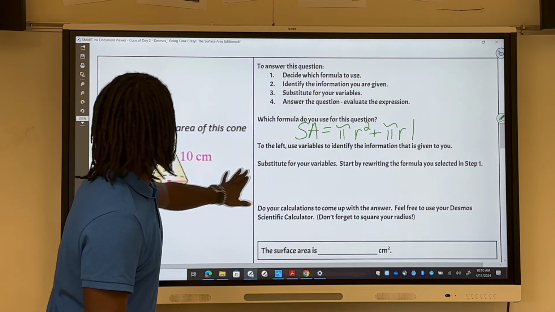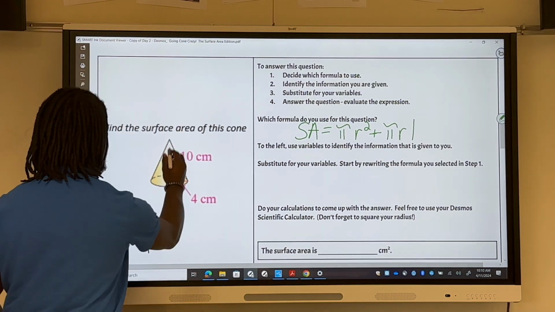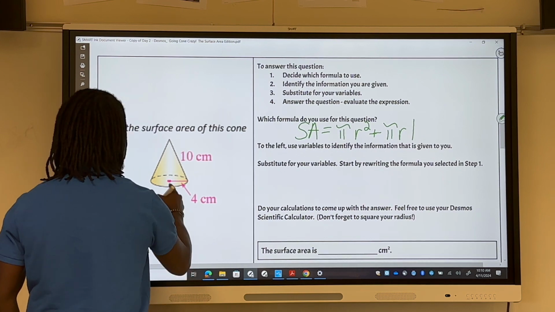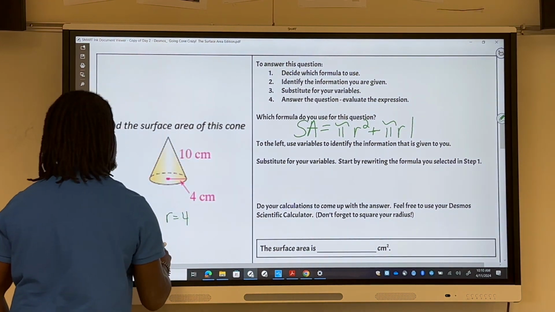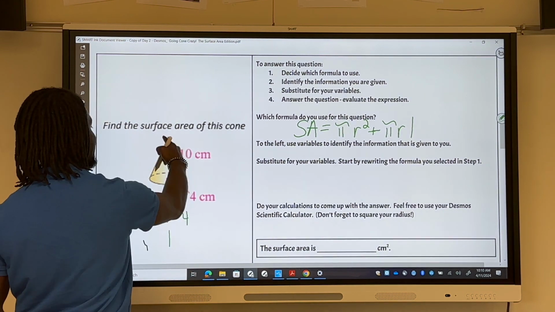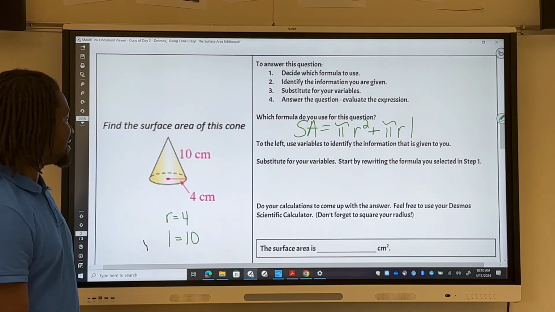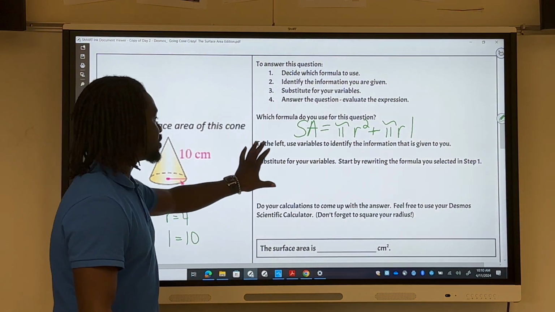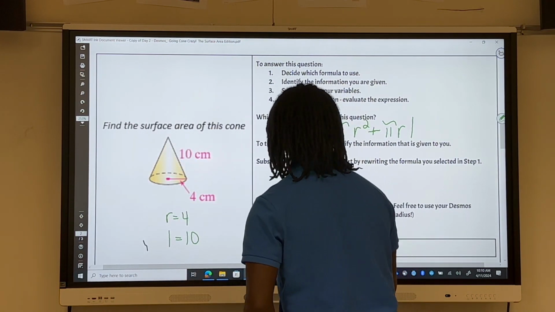And so now we're going to use the variables over here to identify what we have. So we have the radius is 4, all right? And then the slant height is 10, okay? Those are the two things that we need, right? And then we're going to just substitute those into the formula.